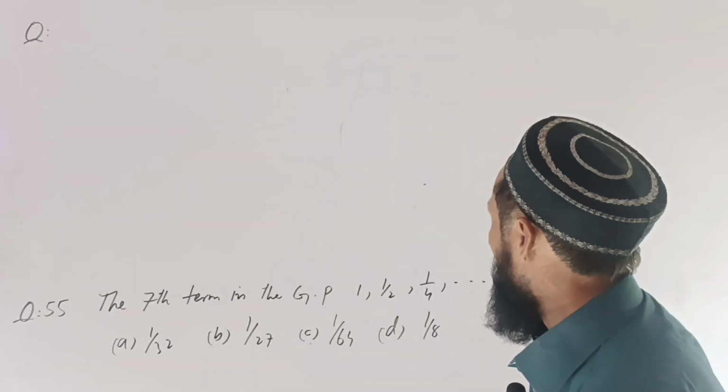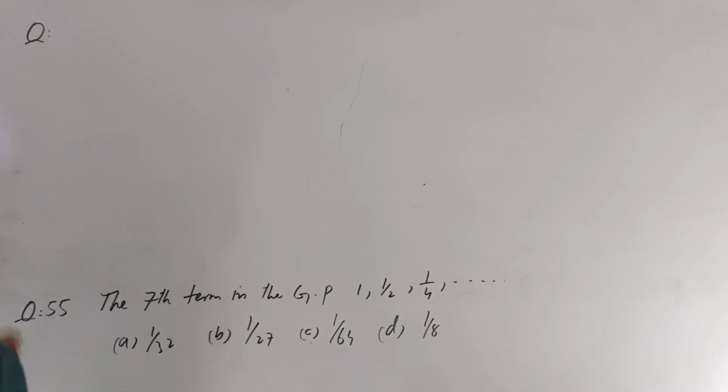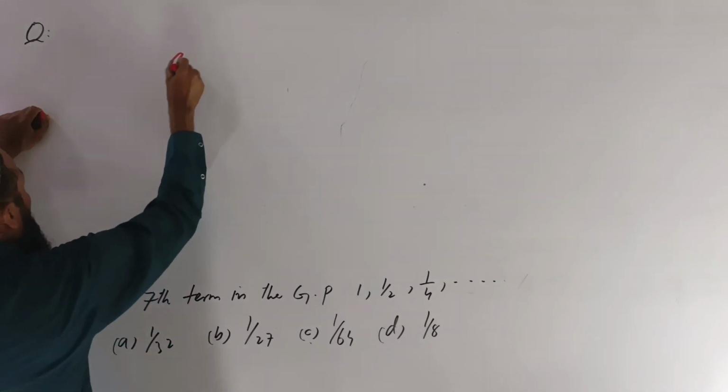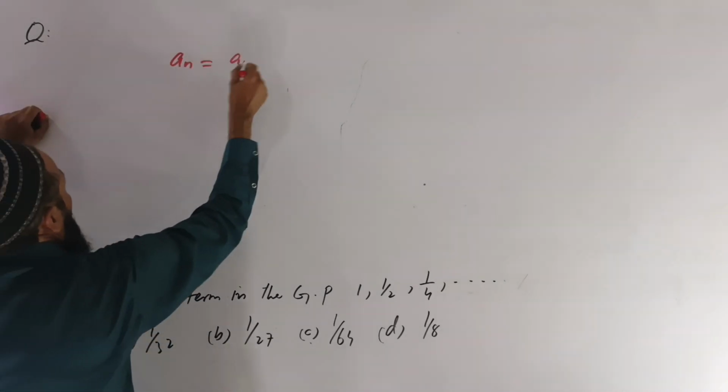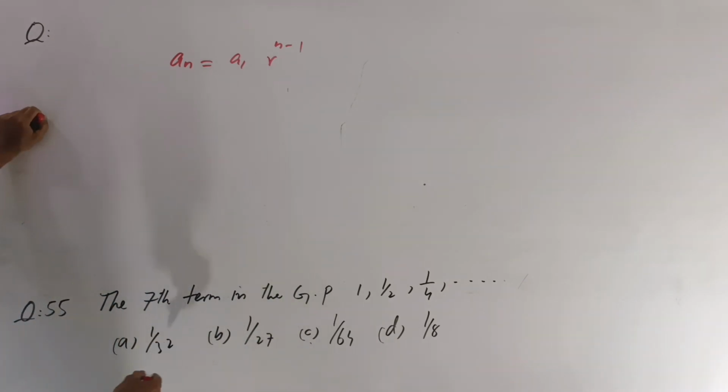In this geometric progression, we calculate the required term using the formula a1 times r to the power n minus 1. The 7th term is required.